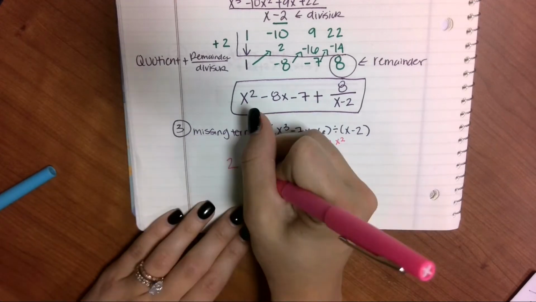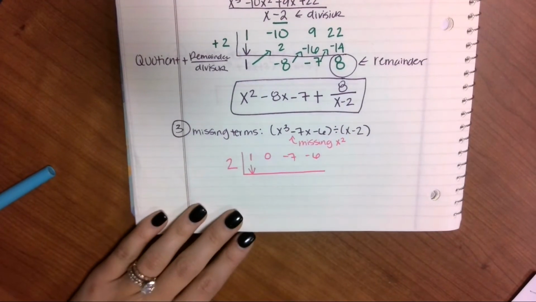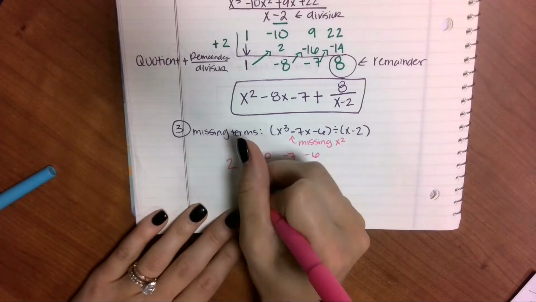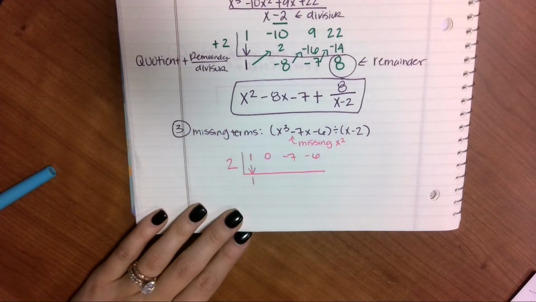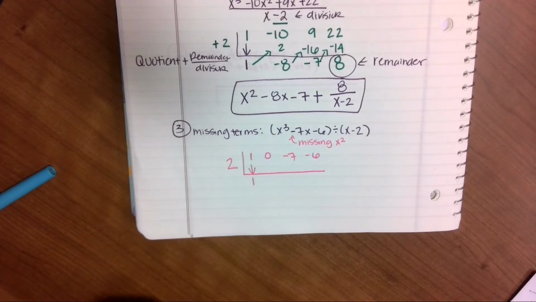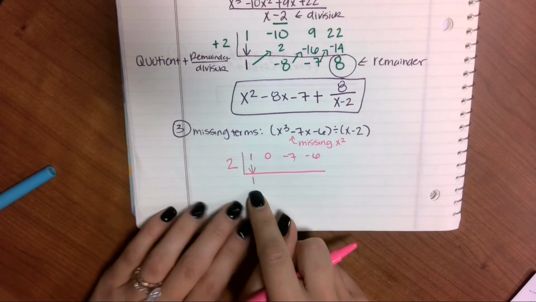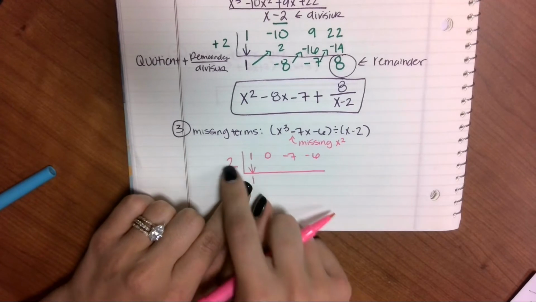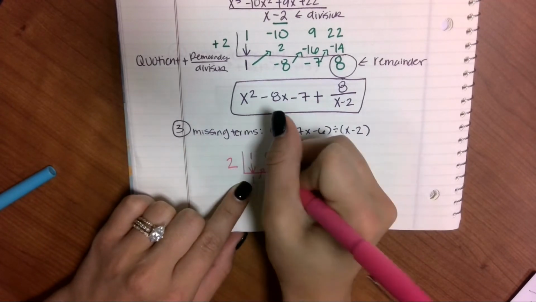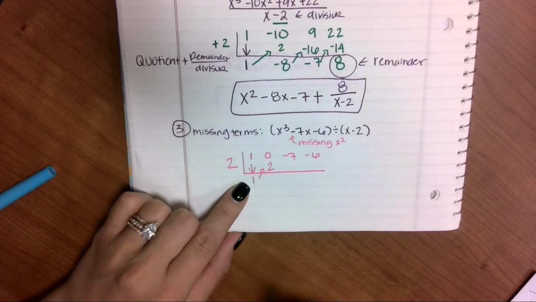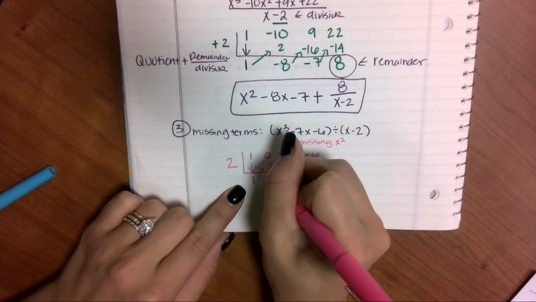I'm going to carry the 1 down. 2 times 1 is 2. 0 plus 2 is just 2.